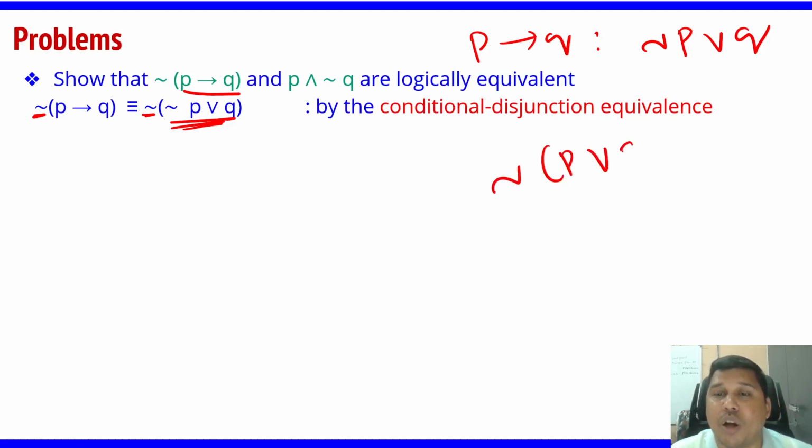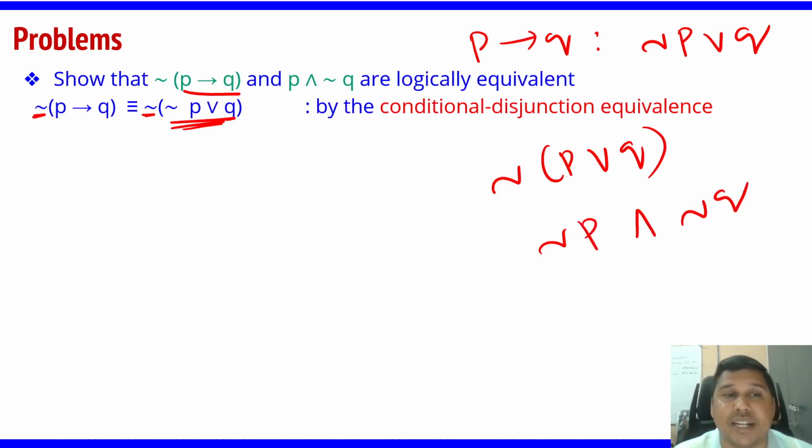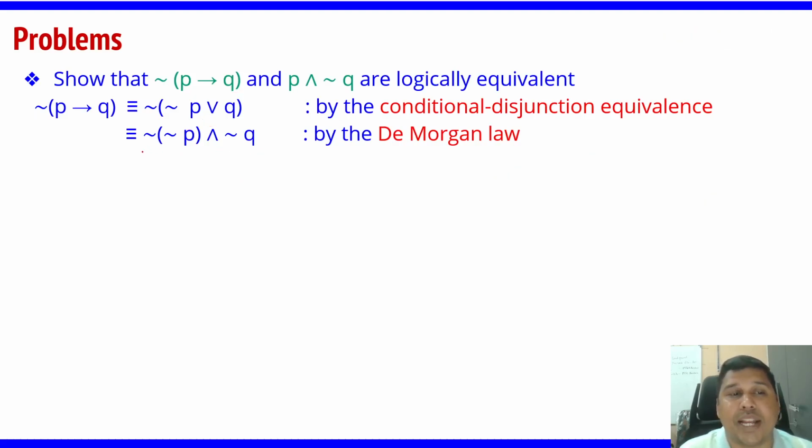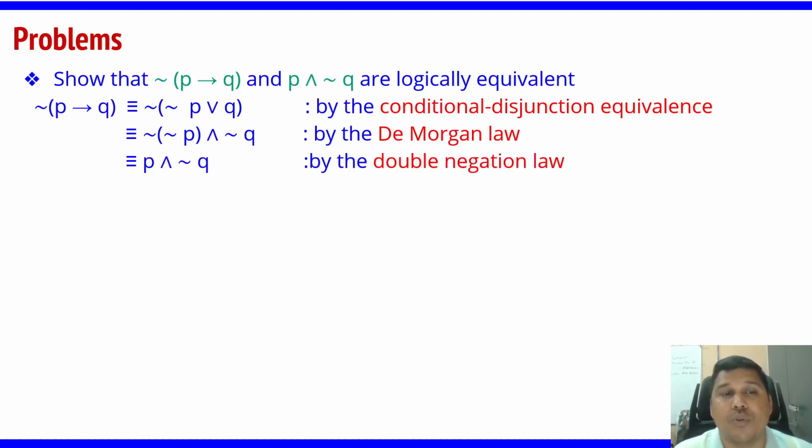Minus of (P or Q) means minus P and minus Q. Applying that here, we get minus of minus P and minus Q. When you solve it, minus of minus P using the double negation law becomes P, and we get P and minus Q. That's what we are expecting. We got the output. This is a very small and simple example problem to understand. So negation of (P implies Q) and (P and minus Q) are logically equivalent. This way you have to prove.